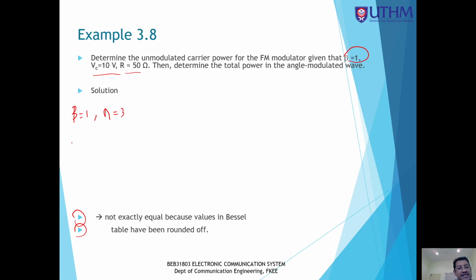From the Bessel table, you will get J0 equal to 0.77, J1 is equal to 0.44, J2 is equal to 0.11, J3 is equal to 0.02. So from here you can determine the value of voltage.